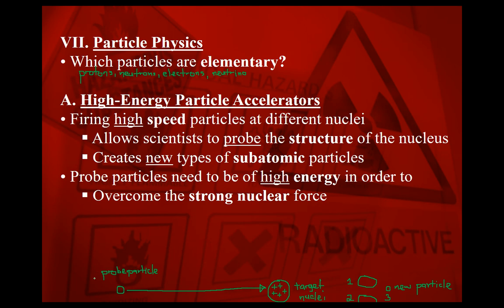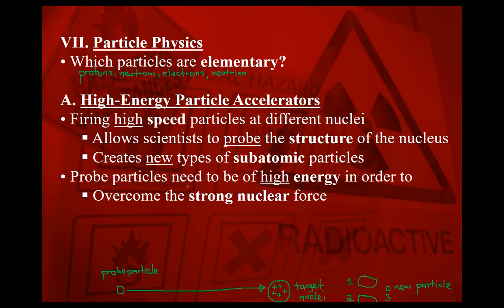But one of the biggest problems is that if you're firing a probe particle that is positively charged, it's unlikely it could ever interact with the target nucleus because the repulsive force would just push it away. However, we could fire a neutron, which has no charge, at this target nucleus, and we could cause it to split into a couple of different pieces.